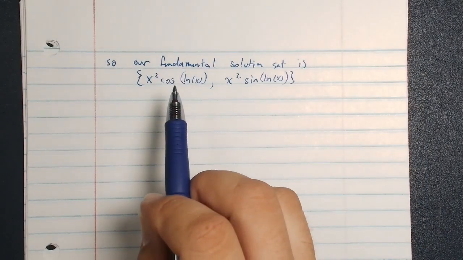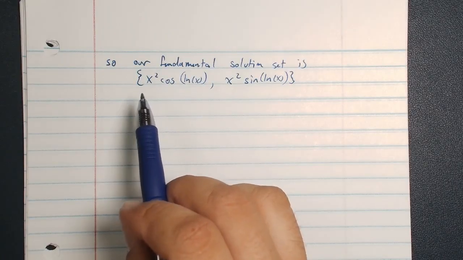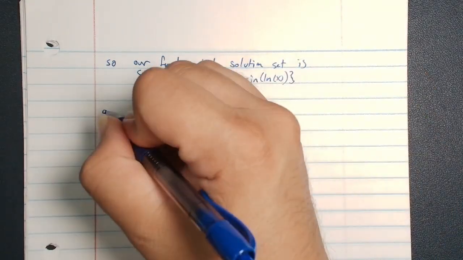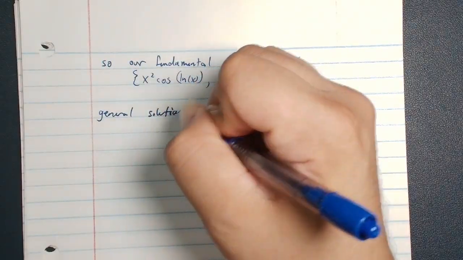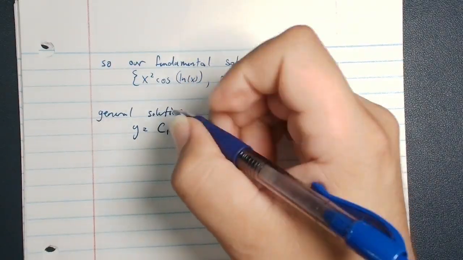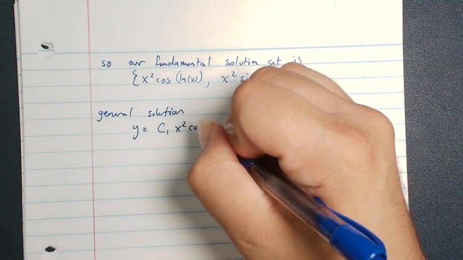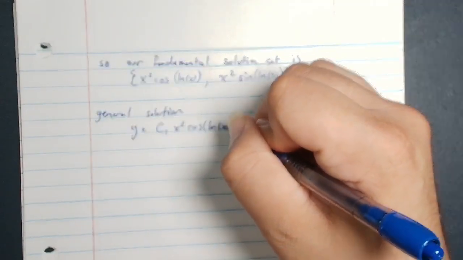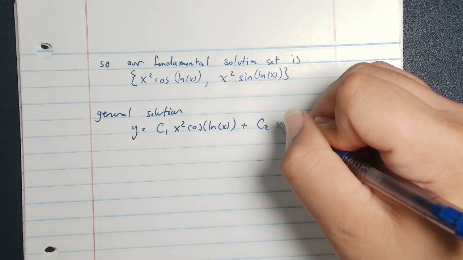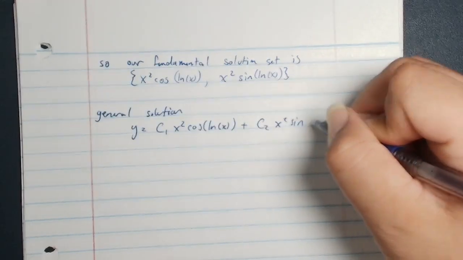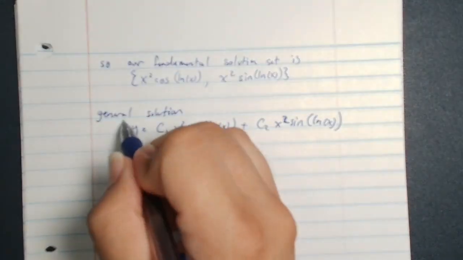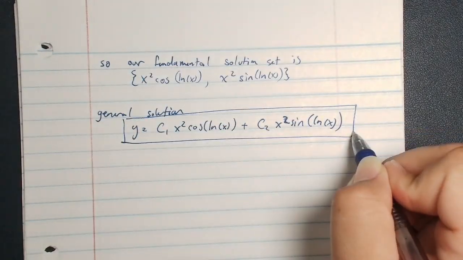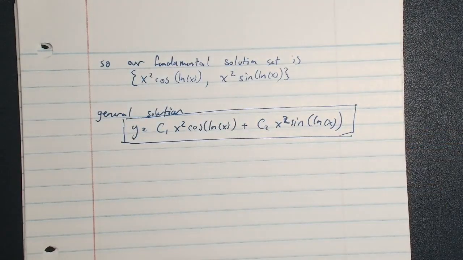Based off of our theorems from the last section, the general solution is the linear combination of those. The general solution will be y equals c1 times x squared cosine natural log of x plus c2 x squared sine of the natural log of x. So given one solution, we can find the general solution.